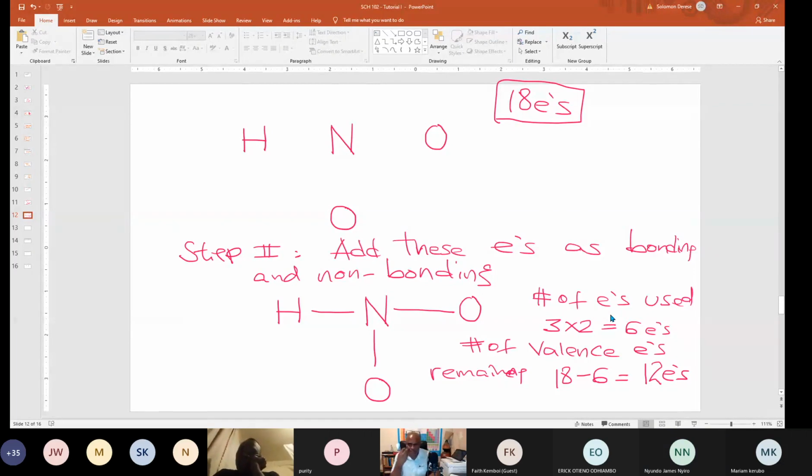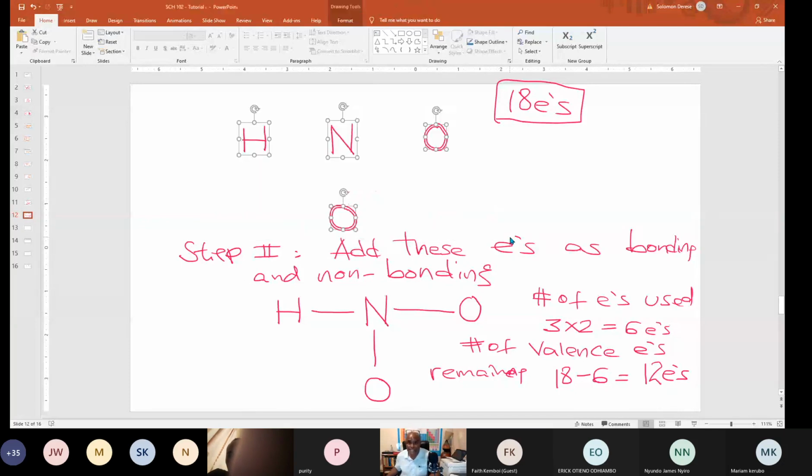When you look at the nitrogen, it has formed only 3 bonds. It does not have an octet. The oxygens have formed only 1 bond. They don't have an octet of electrons.